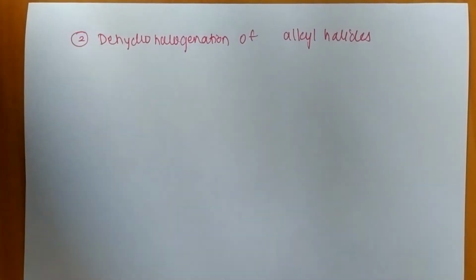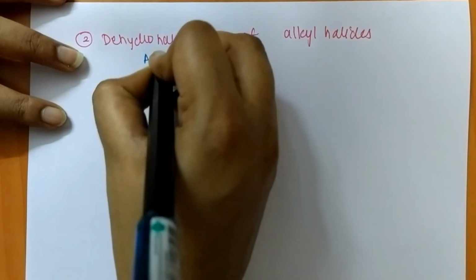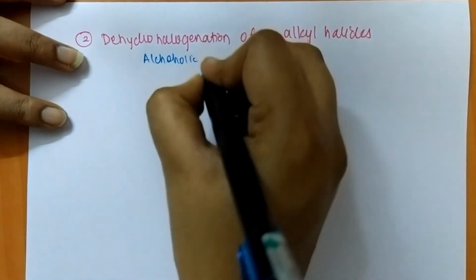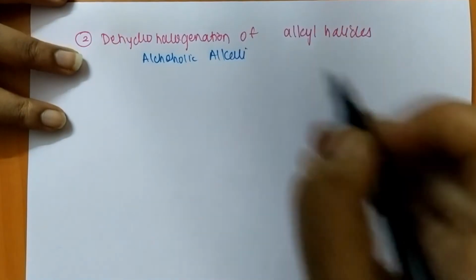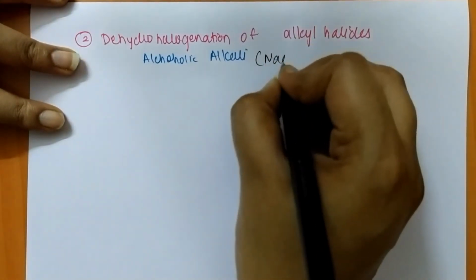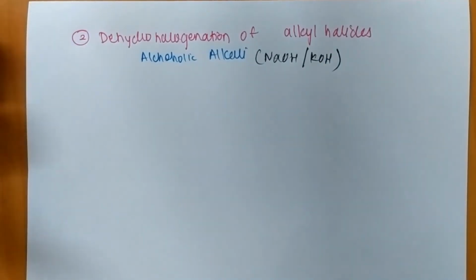But one thing we have to remember is that in the dehydrohalogenation reaction, we use an alcoholic alkali. Now this alcoholic alkali can be NaOH or it can be KOH. These are the most common reagents which are preferred for the dehydrohalogenation of alkyl halides.